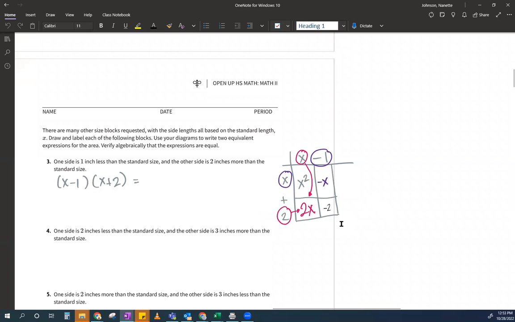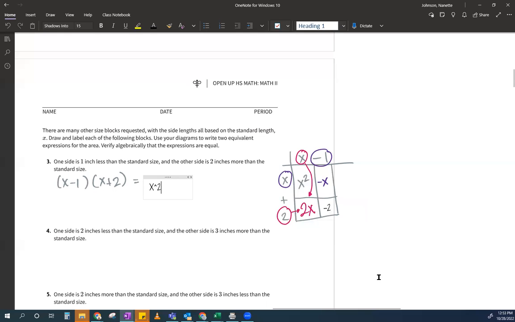So you want me to add all these together? Yeah. So over here, I'm going to put this here and I'm going to make it fancy. Okay, so tell me what to write. What should I write right here if I add all these up? So I got an x squared, so I'll write x squared, right?